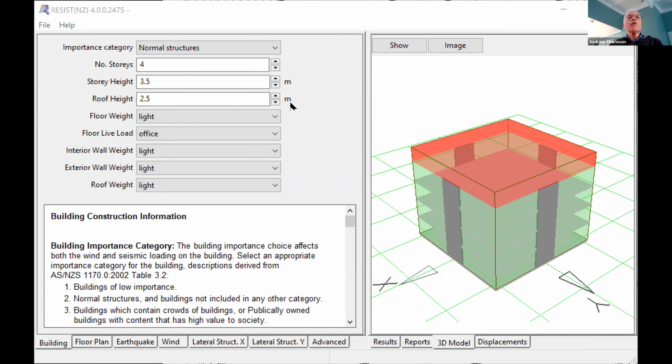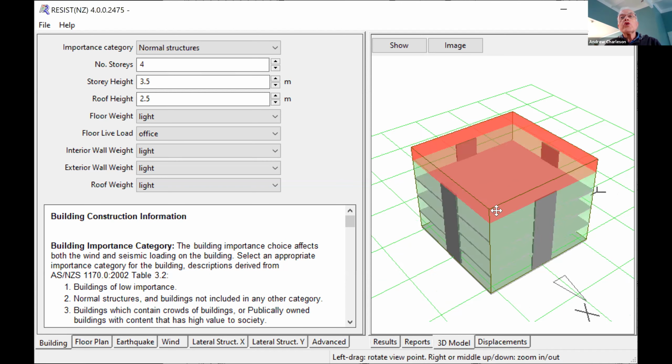Okay, so first of all, this software is rule of thumb. It is not intended to be incredibly accurate. It's intended to give you the approximate dimensions of your structure that your engineer will refine and analyze accurately.